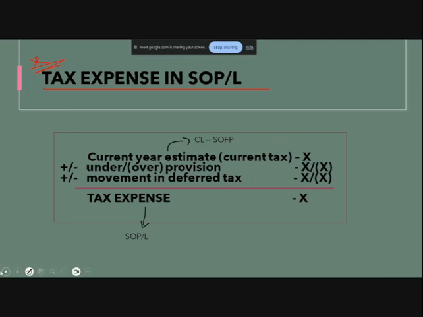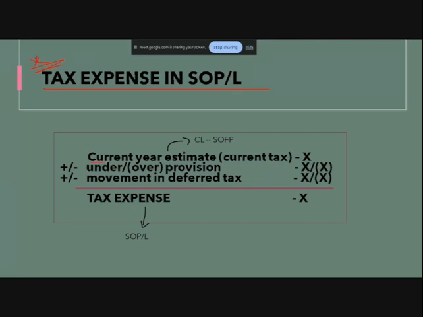Now we have an equation here, just note it down, because we will have to do questions, so you need something to refer to. Note it down, then we'll discuss.